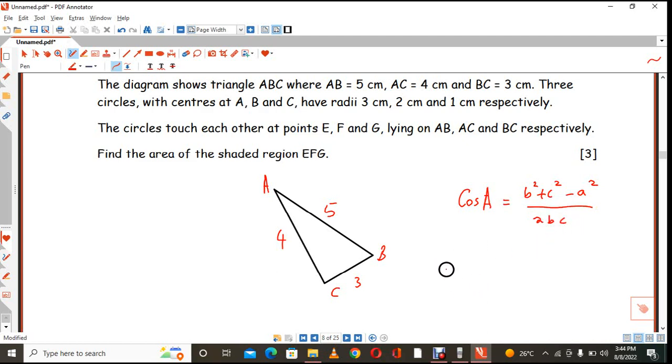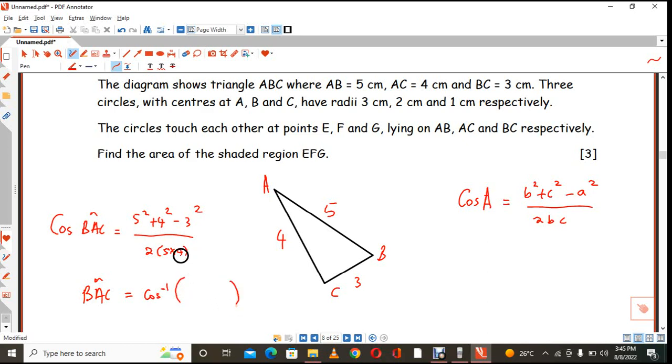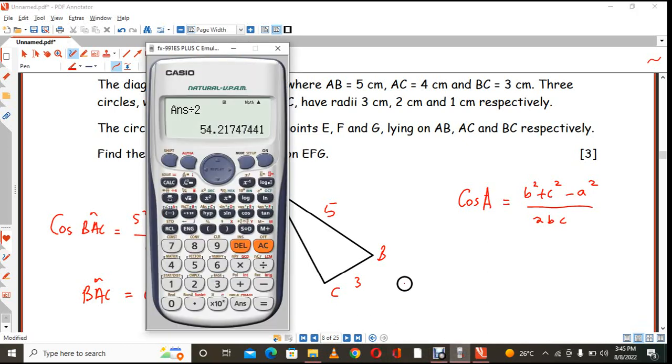So the cosine of angle BAC is going to be 5 squared plus 4 squared minus 3 squared over 2 times 5 times 4. Then angle BAC will equal the inverse cosine of whatever I get when I punch that into my calculator.